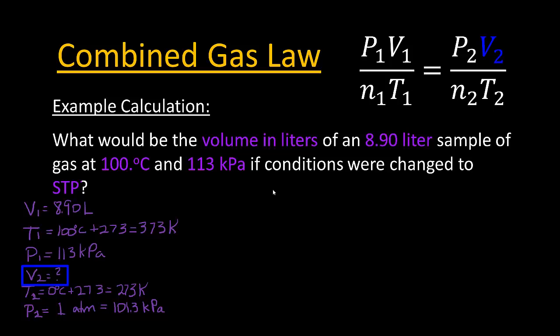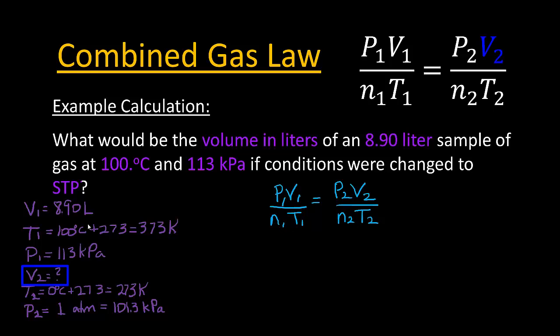So I'm going to rewrite this, and then P1 times V1 divided by N1 times T1 equals P2 times V2 divided by N2 times T2.